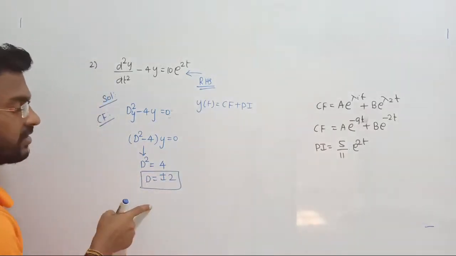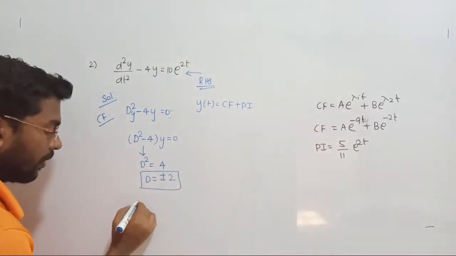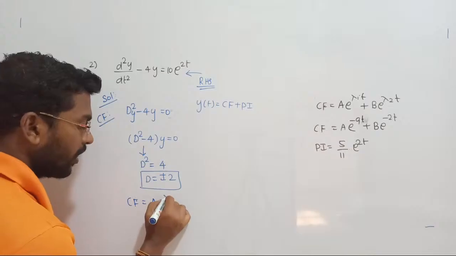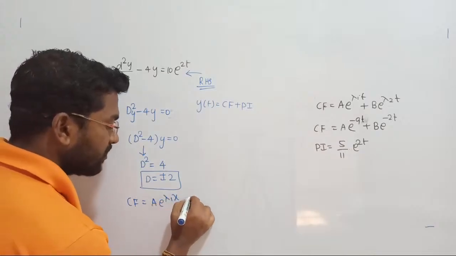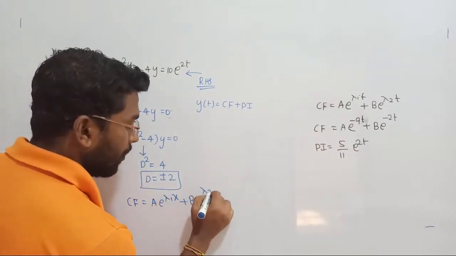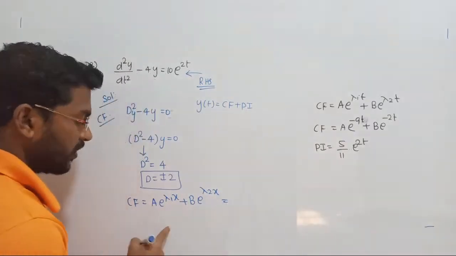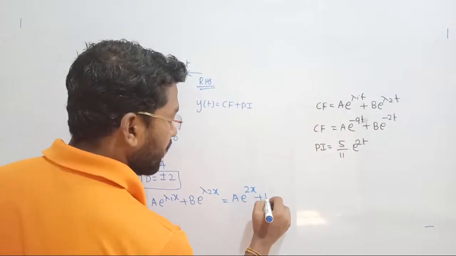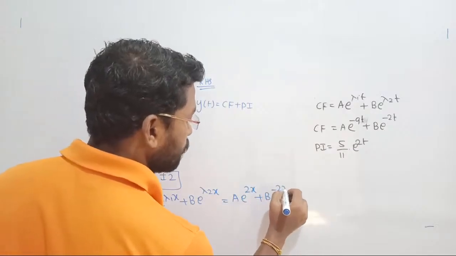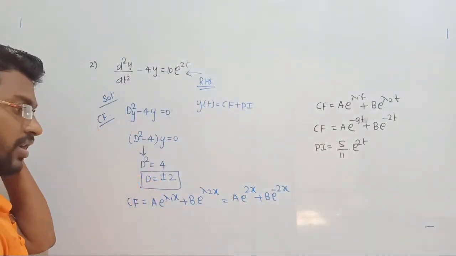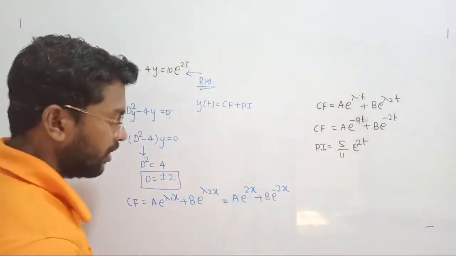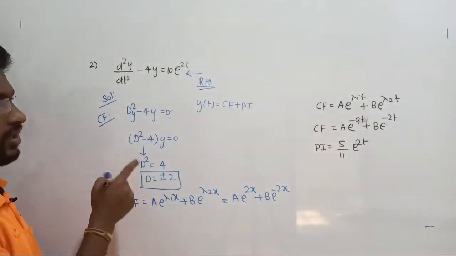So the complementary function can be written as a into e power lambda 1 x plus b into e power lambda 2 x. Here lambda 1 is 2, whereas lambda 2 is minus 2, such that the solution is a into e power 2x plus b into e power minus 2x, which is the complementary function for this given function.